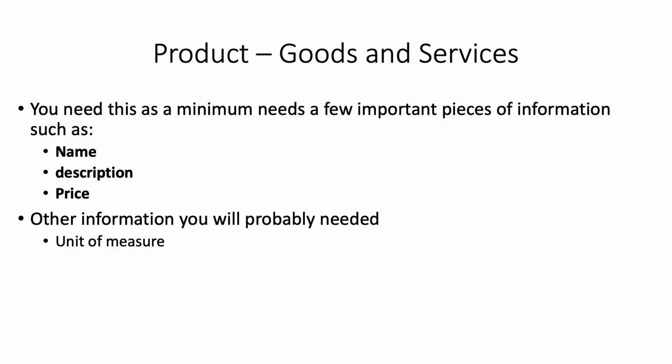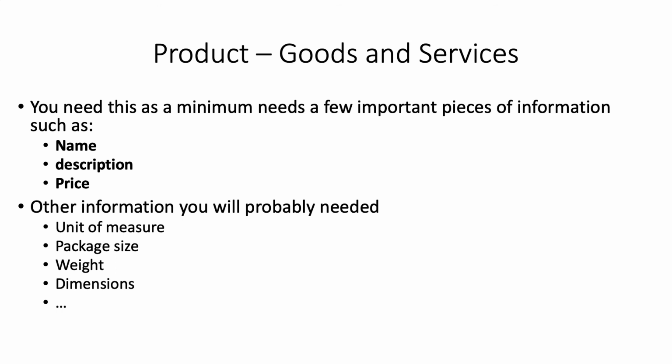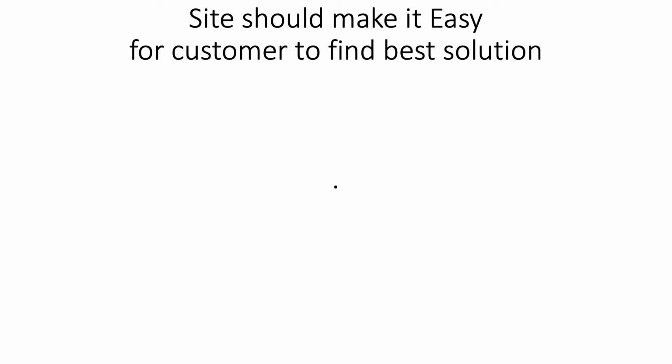If you order one, do you get a box of 50 or do you get one? What's the unit of measure? What's the package size? How big is this thing going to be, and what's it going to weigh? What are its dimensions? And the list goes on forever. And it will differ based on what product. But it's something you need to think about when you're trying to figure out your data.